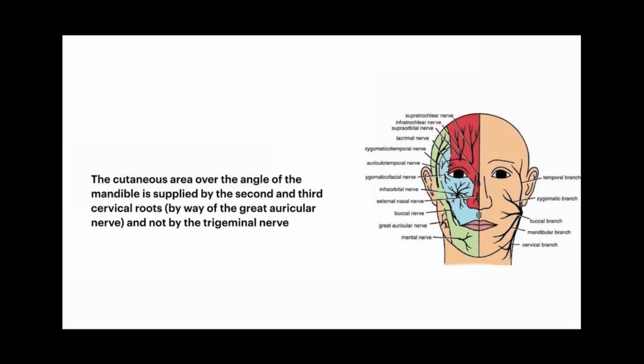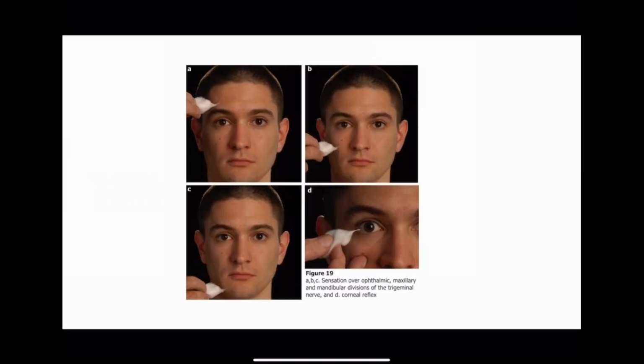This is important when a patient comes with numbness or loss of sensation sparing the angle of the mandible, then it is still significant and can relate to the trigeminal, or it can differentiate whether it's related to the cervical plexus or the trigeminal nerve itself. And this we all know. So the sensory part is easy.